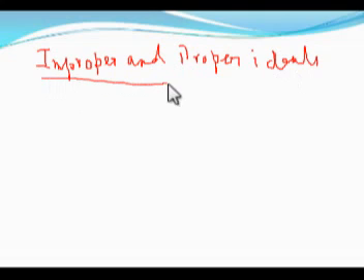We now know what improper and proper ideals are.